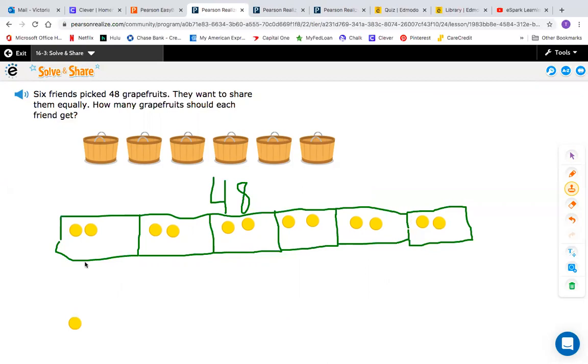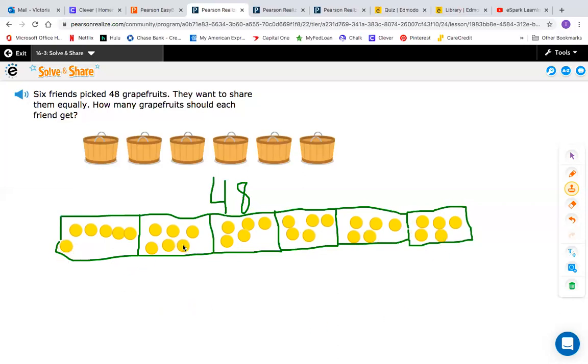So I'm at 12, 13, 14, 15, 16, 17, 18. Go back to the beginning. 19, 20, 21, 22, 23, 24. Go back to the beginning. 25, 26, 27, 28, 29, 30. Go back to the beginning.